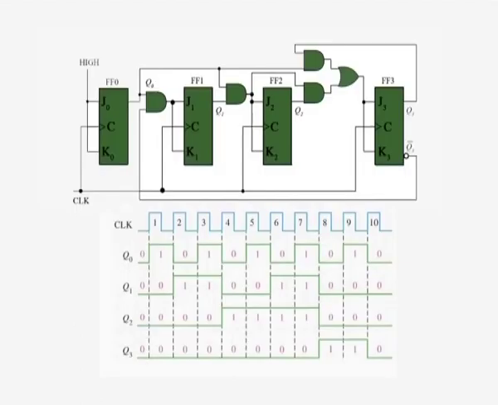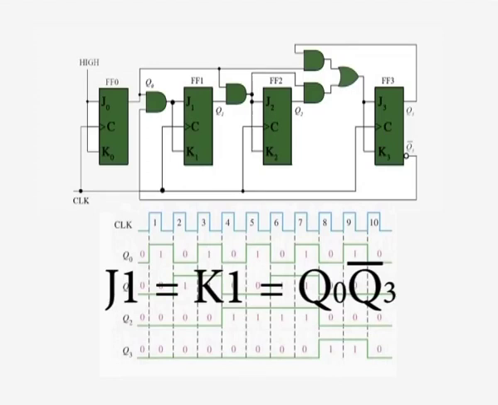So, the logic equation for the J1 and K1 inputs is J1 = K1 = Q0 · Q3 bar. This equation is implemented by ANDing Q0 and Q3 bar and connecting the gate output to the J1 and K1 inputs of flip-flop 1.